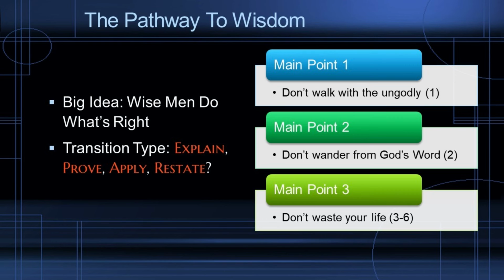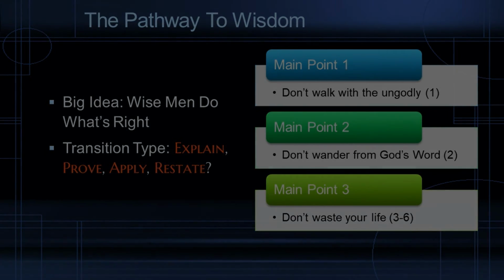And the main points are telling us how we accomplish what we are supposed to do that is communicated in the big idea. So I think that will help as you consider your outlines and try to always connect things in your mind logically, and transitions will help you do that.